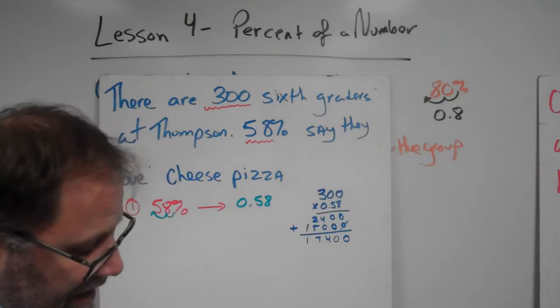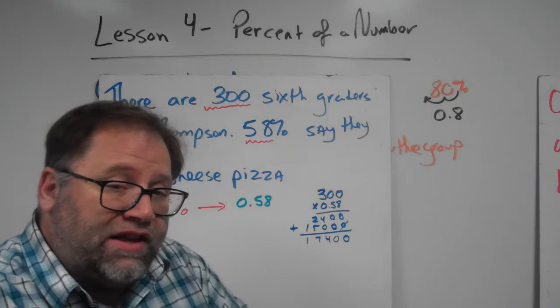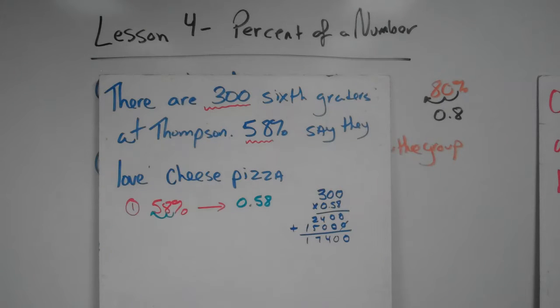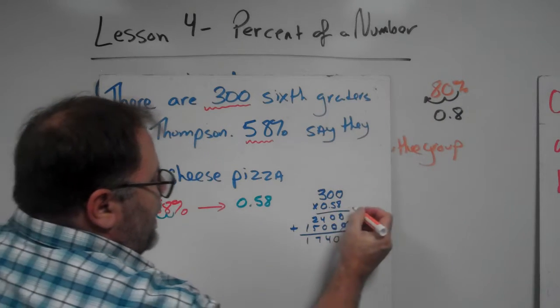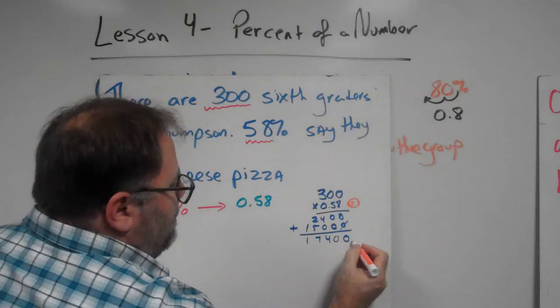Now, this was that second step. If I go back to that second step, I've got to put my decimal back in. No, it cannot be, uh-oh, I dropped my cap. I'll find it later. We don't have 17,400 students, so we've got 2 spaces here in the problem.